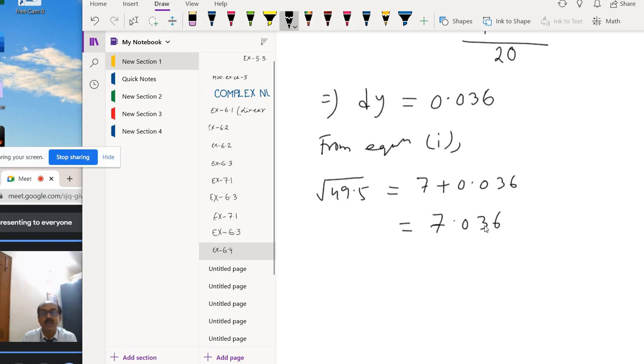This is the approximate value of under root 49.5. Okay? This is the answer.